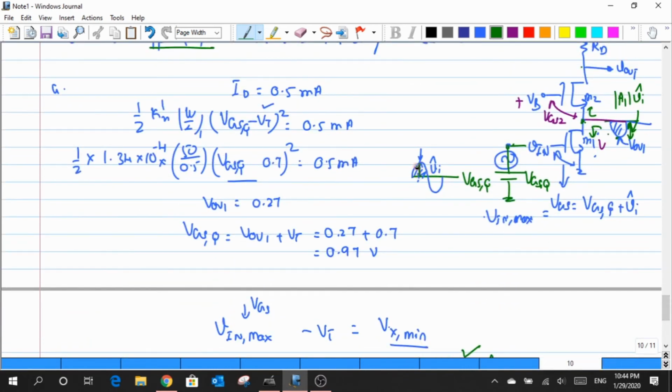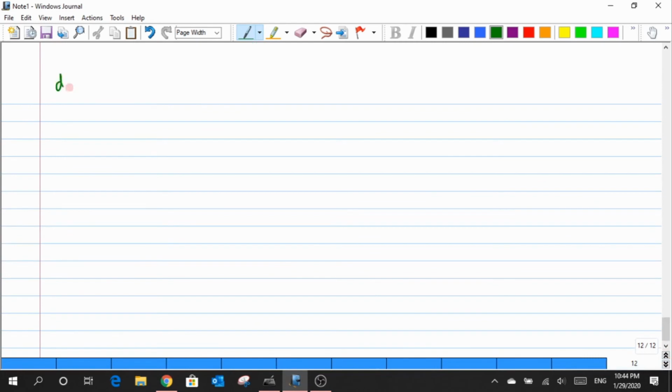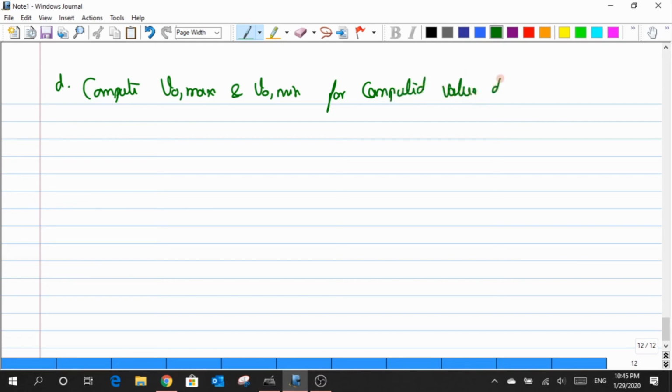So the maximum peak that I can have is just 23.2 millivolt. Now let us move on to the last part of our problem, which is the D section: compute the VO max and VO minimum for the computed value of Vi.